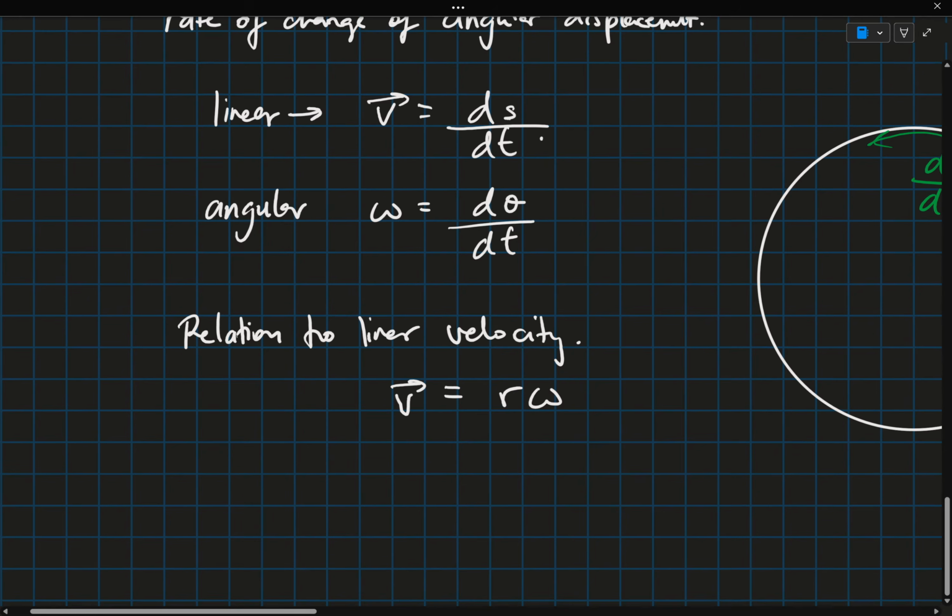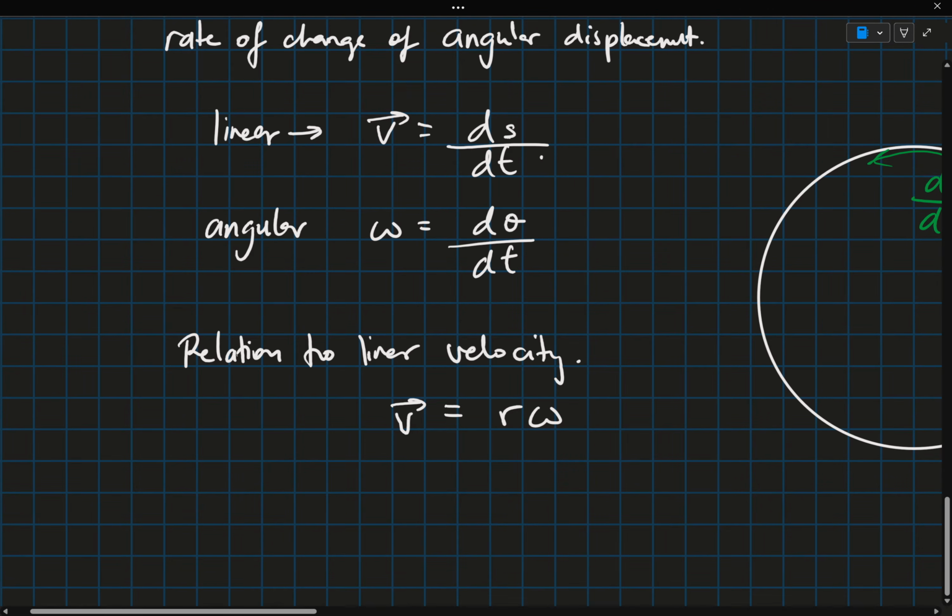And the relation to regular or linear velocity is this relationship here. Linear velocity in circular motion would be the radius of the circular path times the angular velocity.